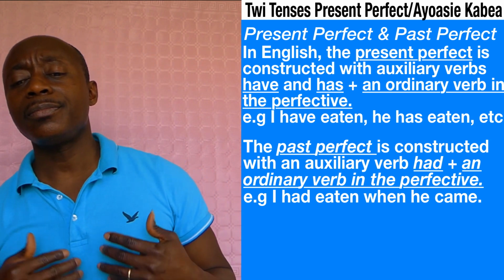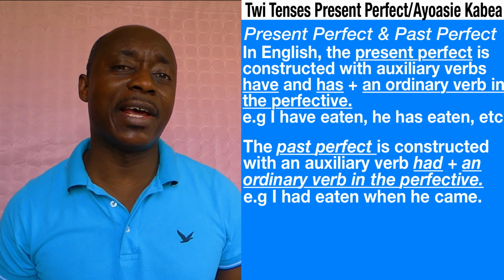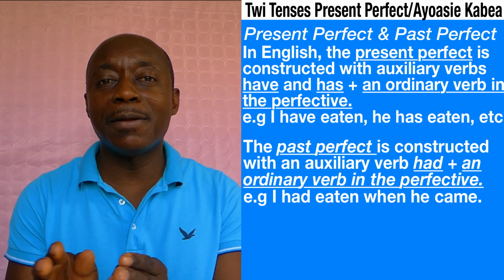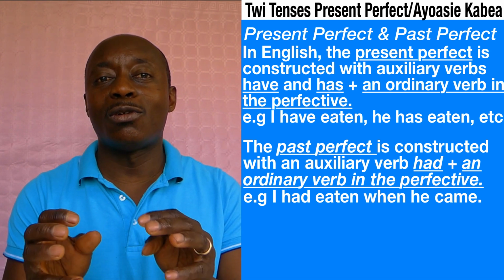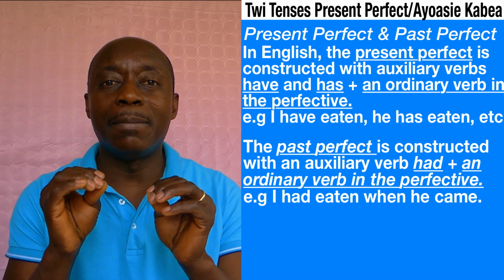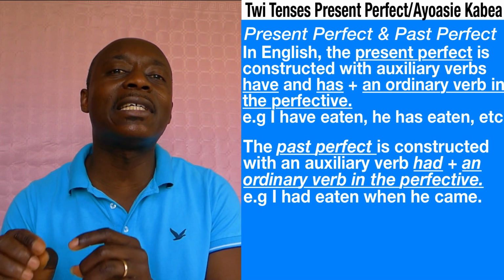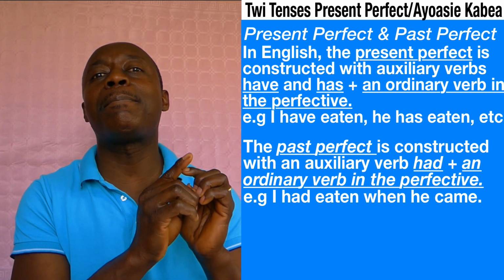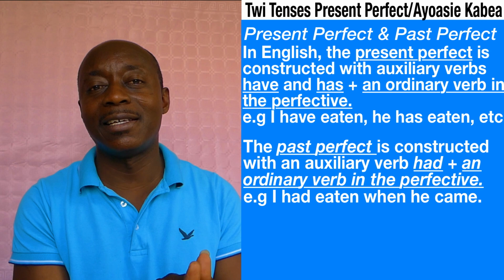We can also explain further that in English, whilst the present perfect talks about an event that took place in the past, the past perfect talks about an event that took place in the past before another past event also took place.